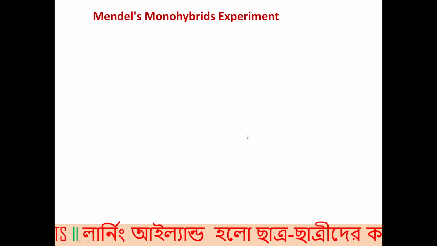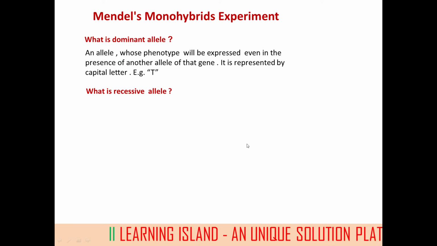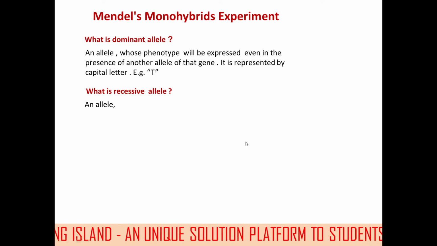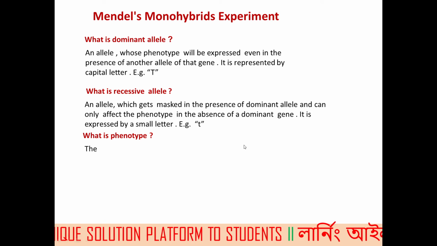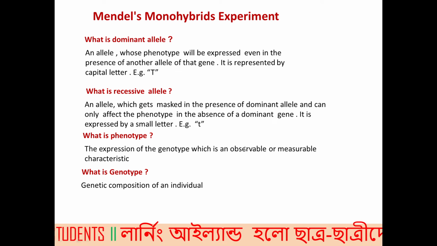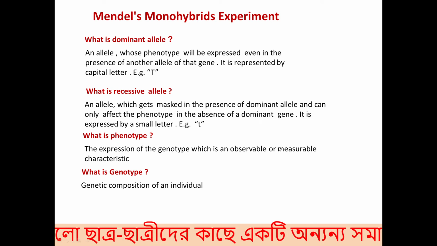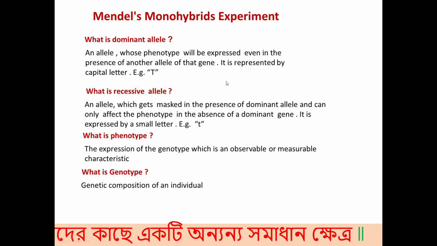So what are they actually? What is a dominant allele? You go through yourselves. And what is recessive? You go through, please. And what is phenotypic? These definitions are all there in your books, but I am explaining a little bit so that you can understand the experiments easily.